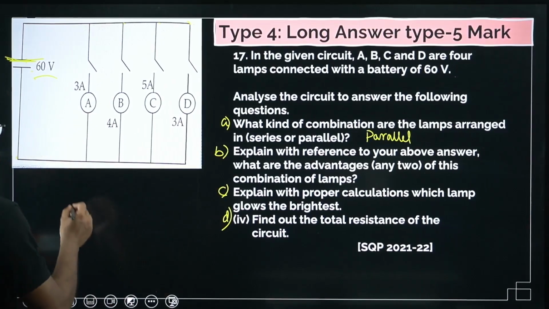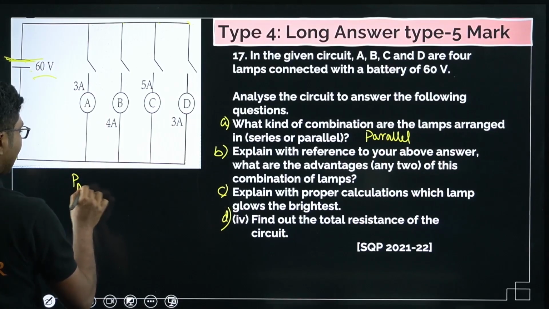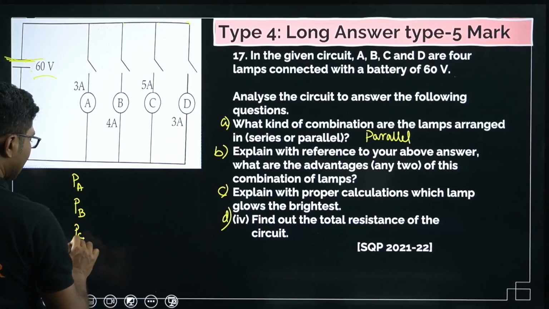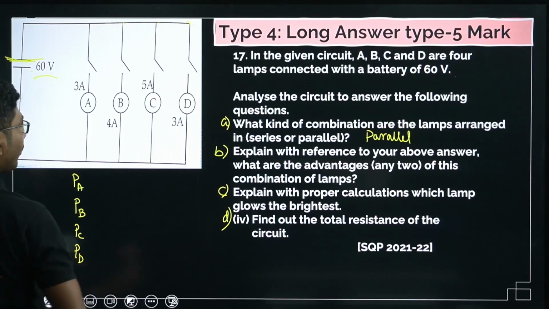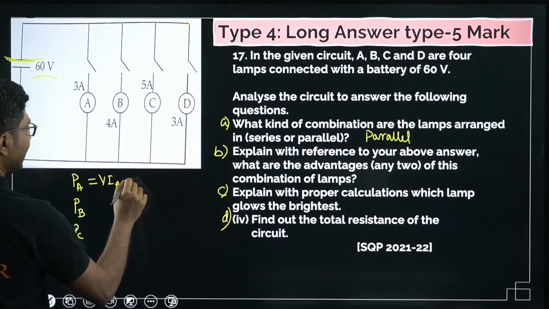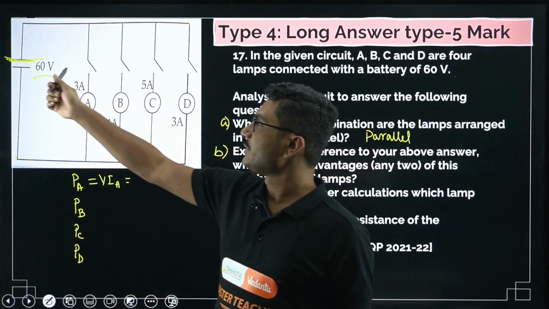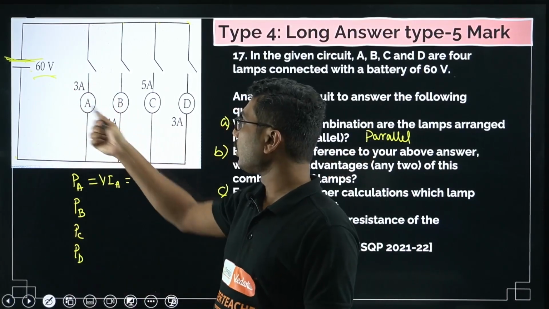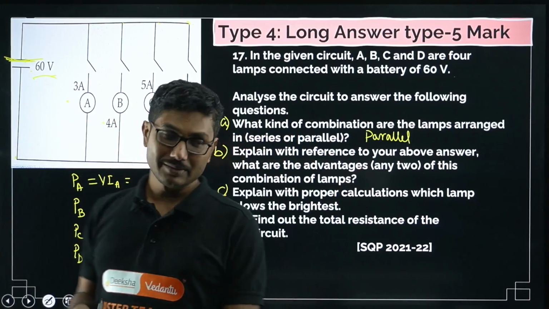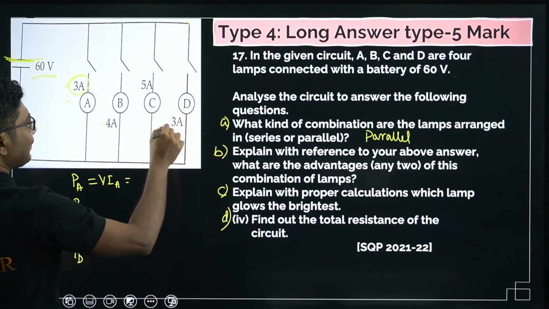To do that, first of all, you have to calculate the power for each lamp: PA, PB, PC, PD. What is the power? Power is V times I. Each of them will have a different current passing through them. Voltage will be the same for all the bulbs, right? Current is different for all of the bulbs. So first calculate PA. Now PA and PD are the same.